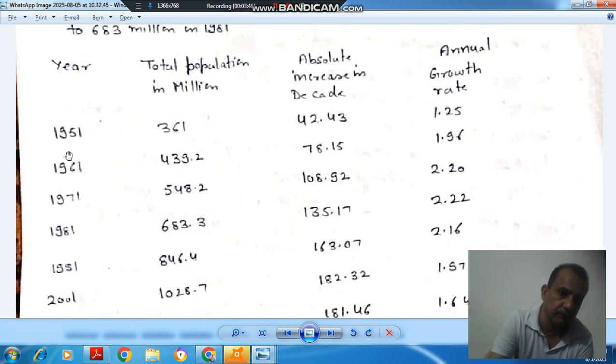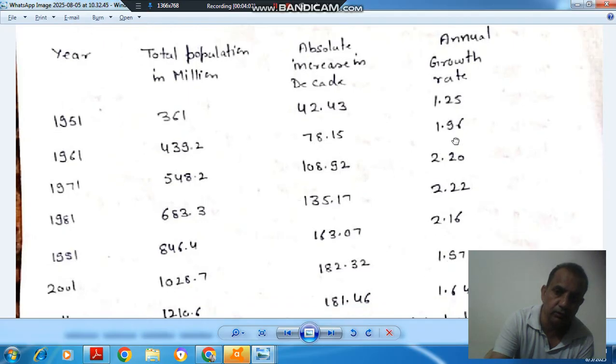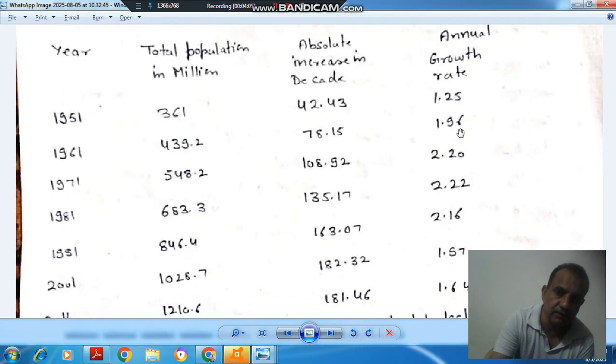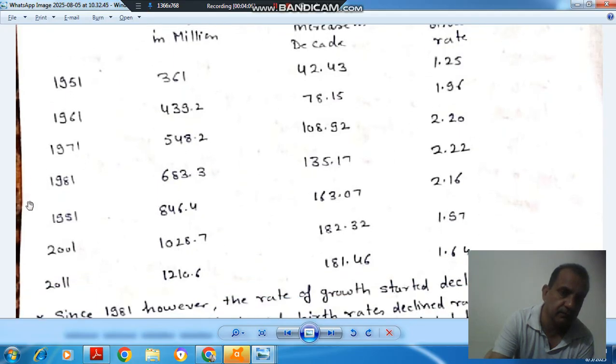From 1951 to 1961, the increase in population was 78.15 and in 1961 the population was 439.2 and the annual growth rate was 1.96.